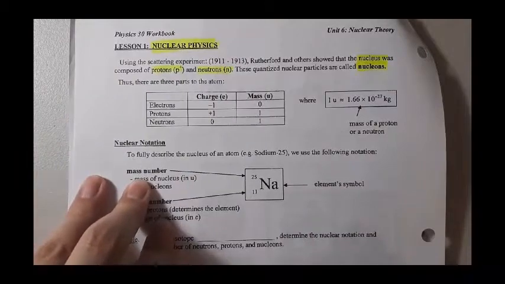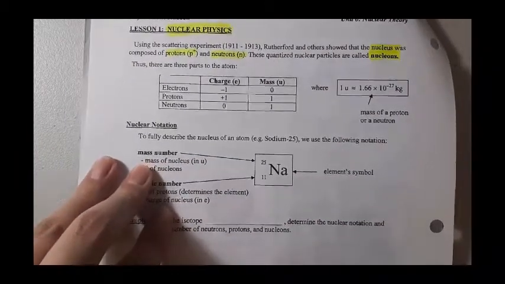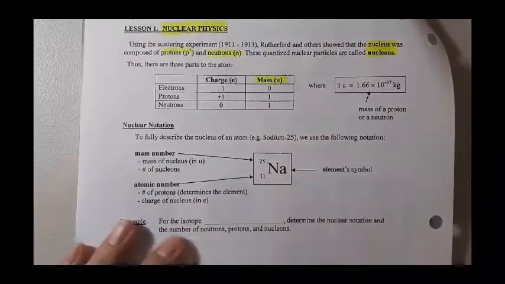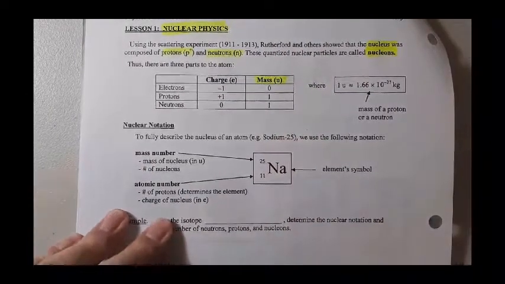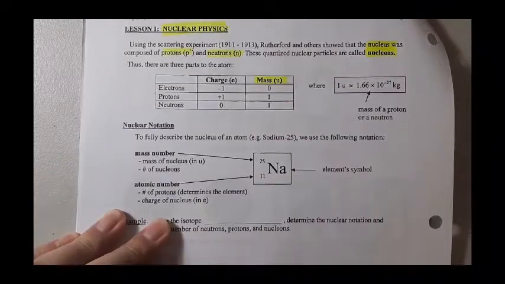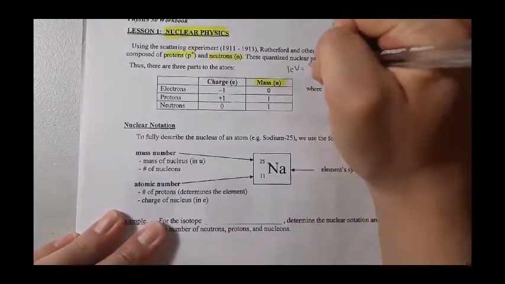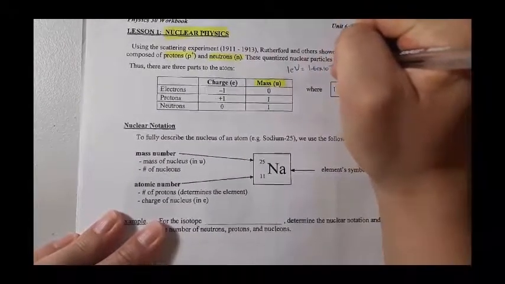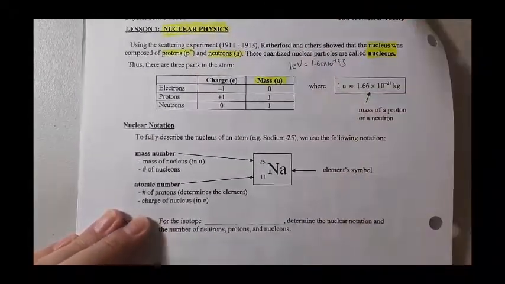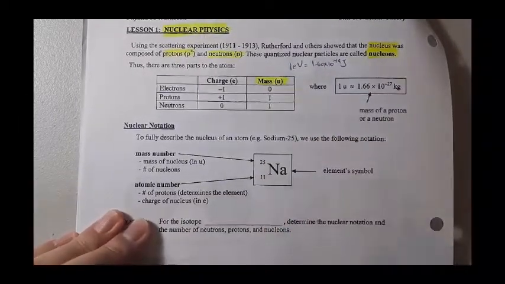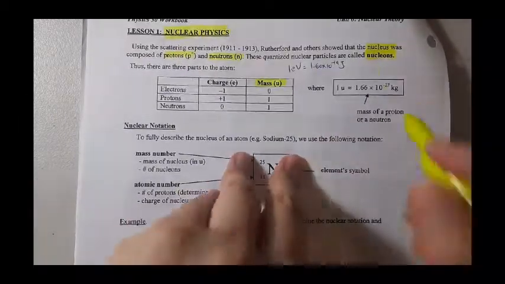So for mass we now use, instead of kilograms, the U. It's kind of like the energy notation, you remember 1 electronvolt is equivalent to 1.60 times 10 to the power of negative 19 joule, because that's how much energy can be transferred in electrical form.